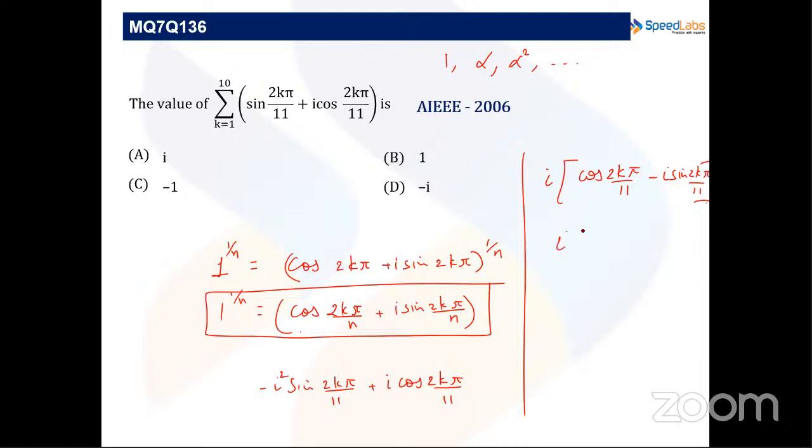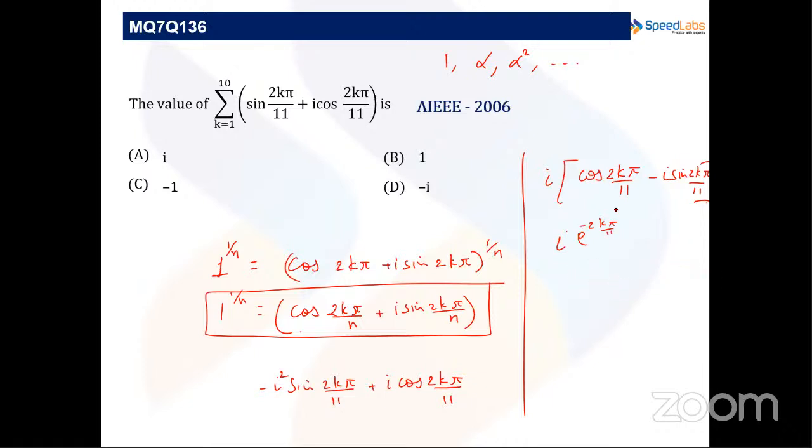So this is i times e to the power 2k pi/11. If we get one root by putting k equals 0, then 1, then 2, then 3, and so on up to 10, from k equals 0 to k equals 10, you will get the different roots. On putting k equals 0, we will be getting 1.